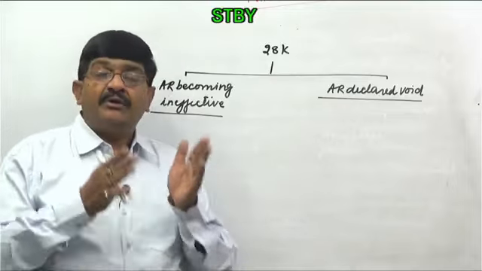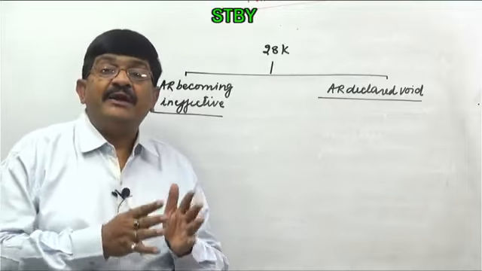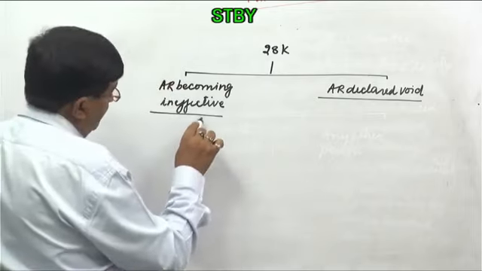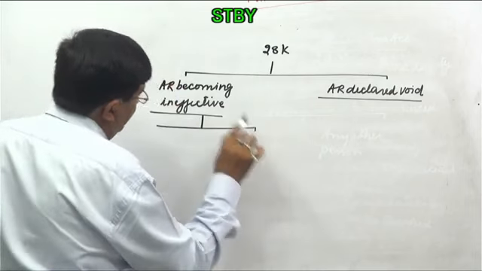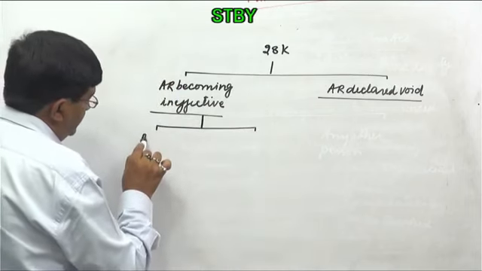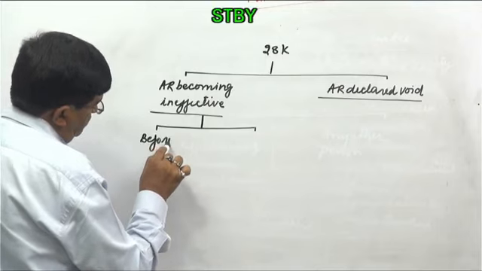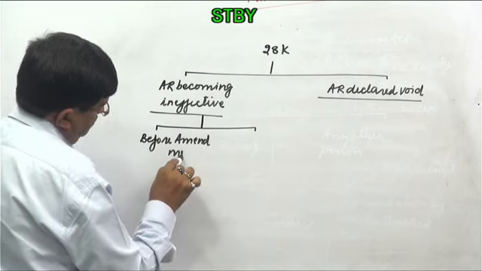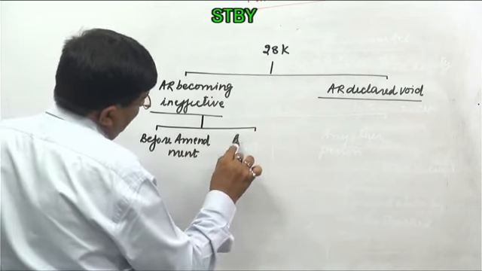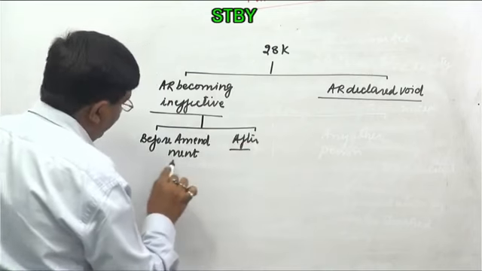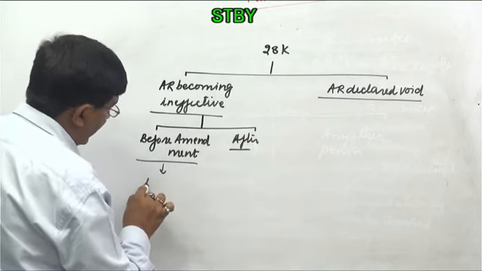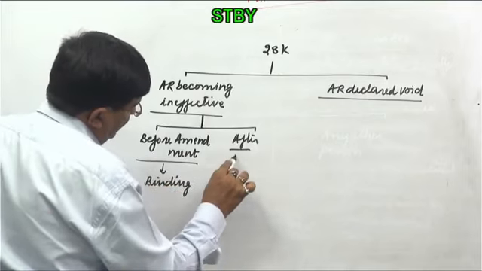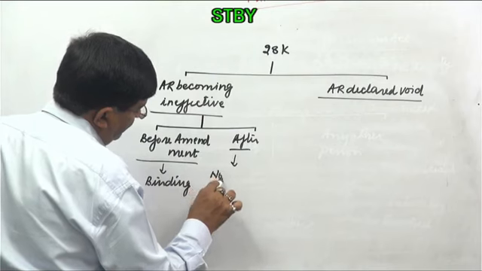Whatever has been done on the basis of advance ruling, that will continue to be valid. So this is before amendment and after amendment. Before amendment, this is binding, and after amendment, then not binding.